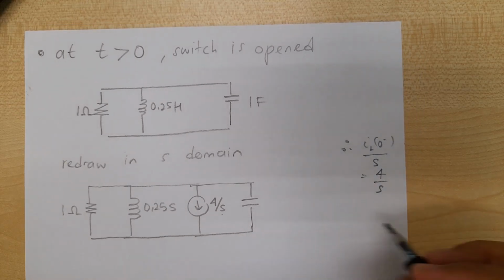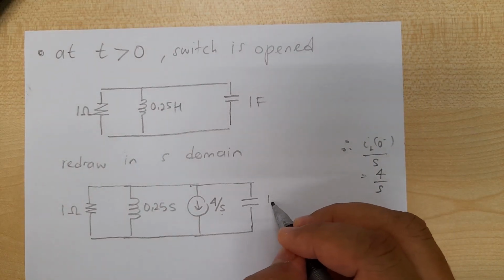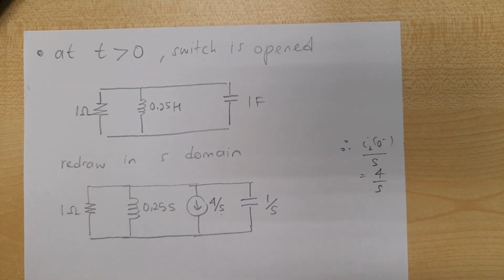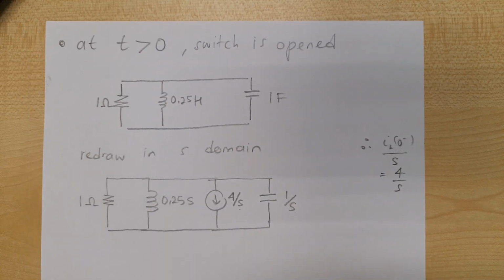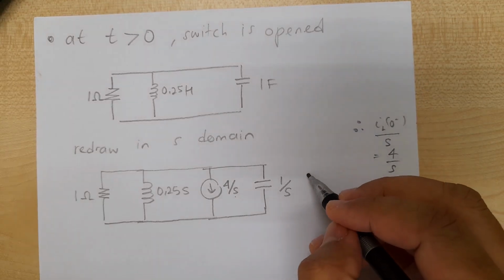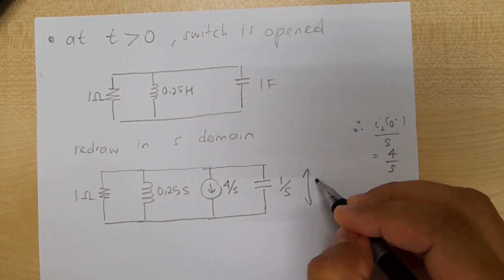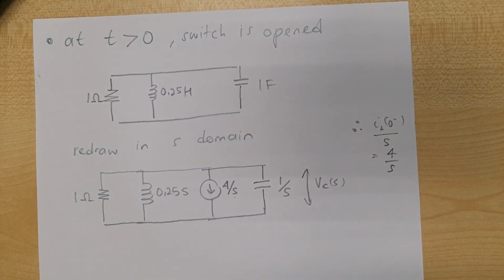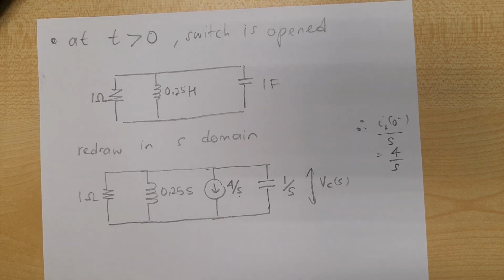However, the value of the capacitor is 1 over S. This is the value of the capacitor in S domain, right? Now we need to find the voltage across the capacitor.